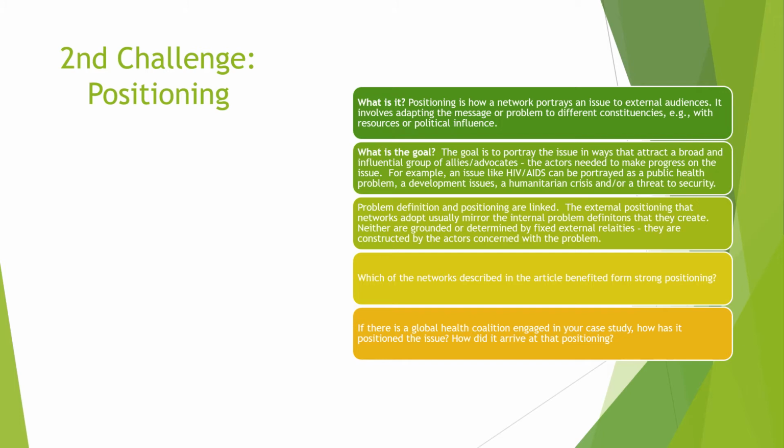Again, the article on maternal child health is very specific about how the positioning of the issue shifted as we went from the Millennial Development Goals to the Sustainable Development Goals. So that's important to look at. Also, the goal of positioning is to portray the issue in ways that attract a broad and influential group of allies and advocates, the actors needed to make progress on the issue.